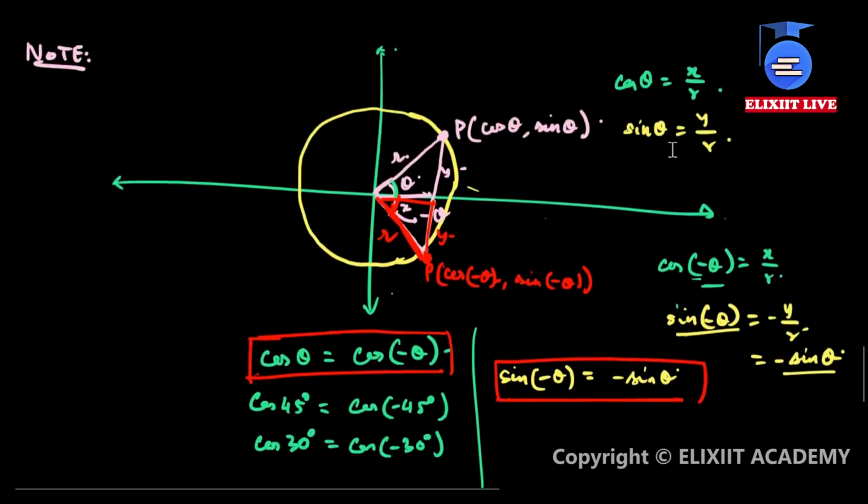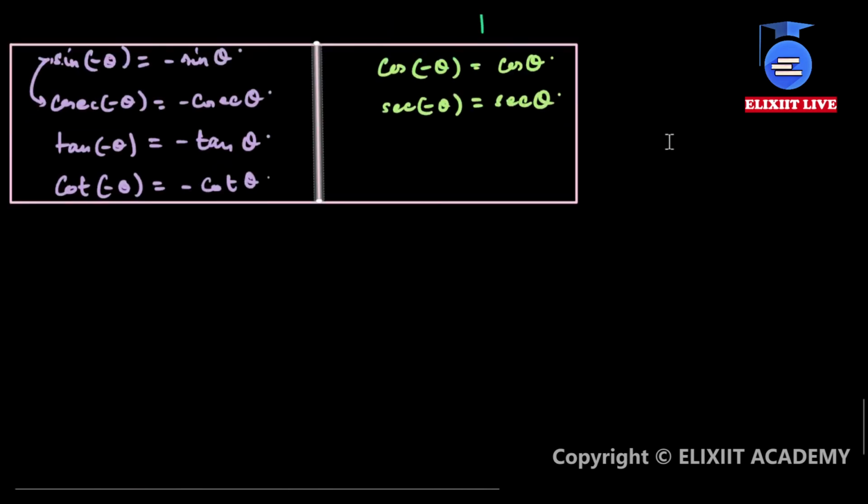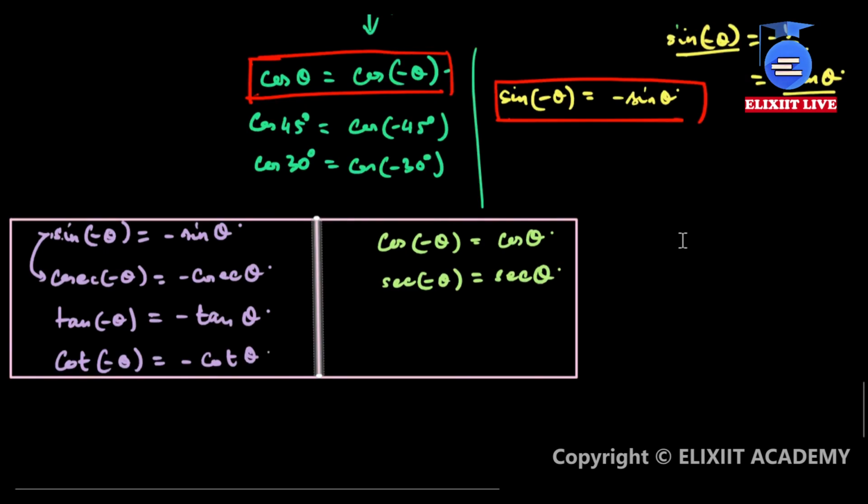In fact, these identities which you have learned in your junior classes, sine square theta plus cos square theta is 1, you can derive from this unit circle concept itself.